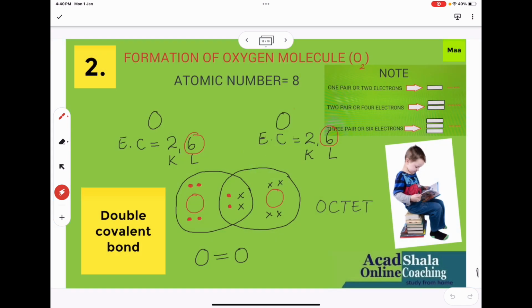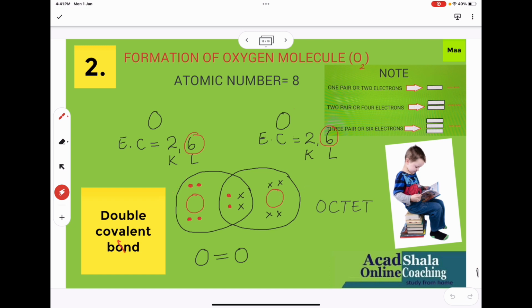So this is the formation of oxygen molecule. Now, oxygen molecule, I mean to say this is O2. Right, children? So that means I'm talking about O2 molecule. That is, we are going to study about double covalent bond. A double covalent bond is formed by mutual sharing of two electron pairs between two atoms.